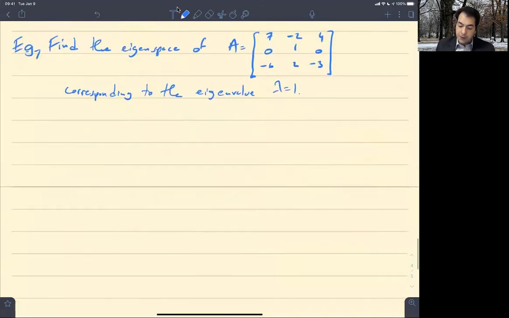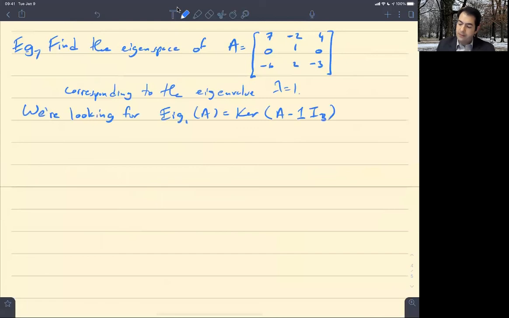Okay, so we're looking for Eig1 of A, which would be the kernel of A minus 1 times the 3 by 3 identity. So A minus the 3 by 3 identity just means take the matrix A and then subtract 1 from the diagonal. Right? So that means I end up with 6, 0, minus 6, minus 2, 0, 2, 4, 0, minus 4. Okay, so we're looking for the kernel of this.